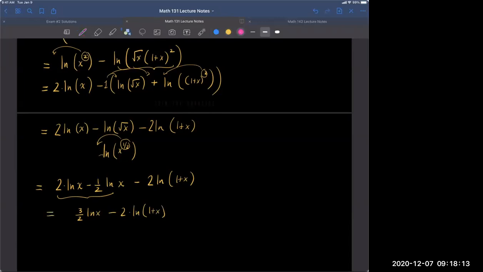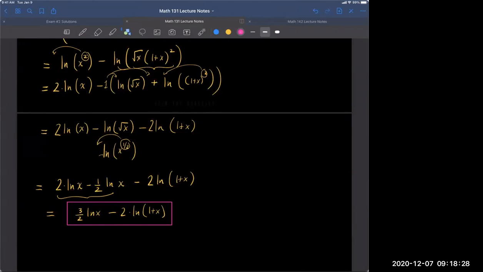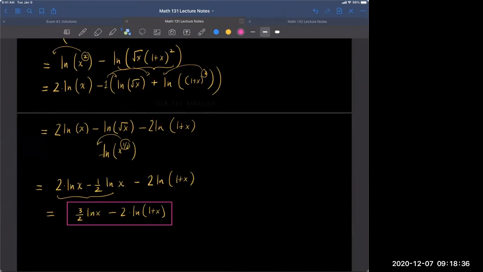Why didn't you also take the minus 2 on the other side? Is that because they were on the opposite sides of the subtraction? Say that one more time. You took the 2 and the minus 1/2 and you combined them, right? Yeah. And did you also combine the minus 2 in front of the ln?